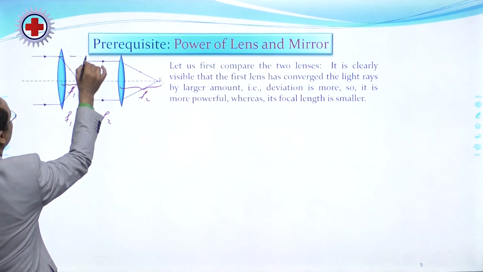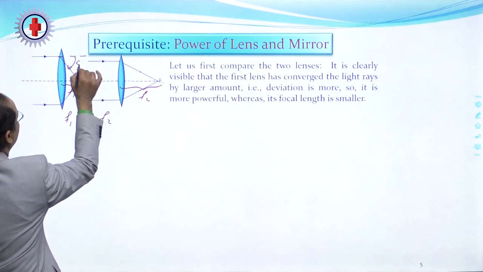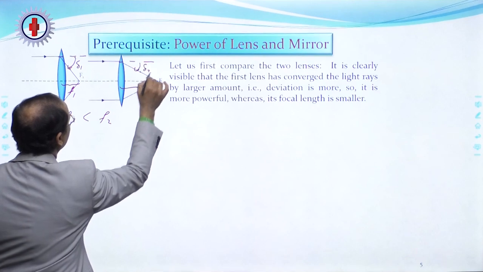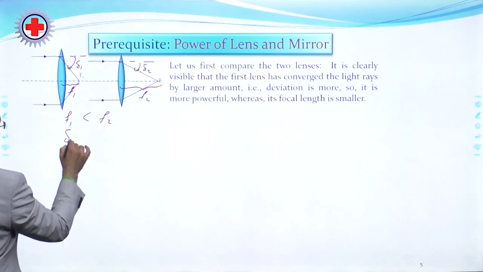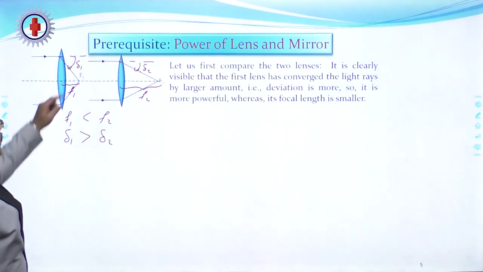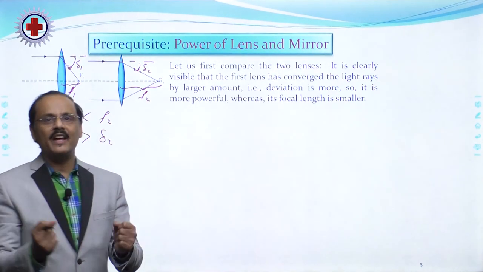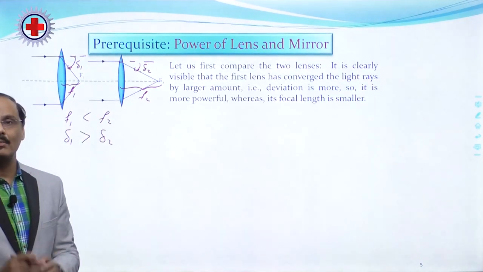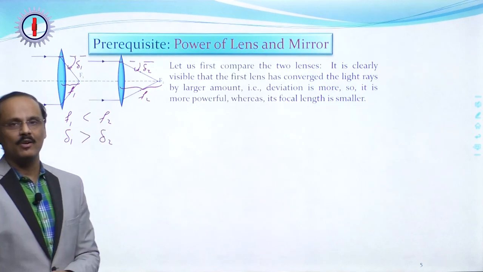What else could you see? You could see one more thing, the deviation caused by the first lens and the deviation caused by the second lens. You could see delta 1 is greater than delta 2. That means lens 1 is bending light by larger amount. The lens which bends light rays by larger amount is more powerful.